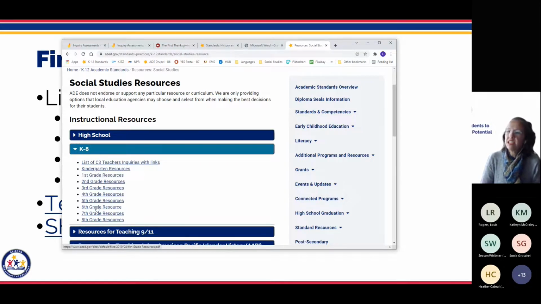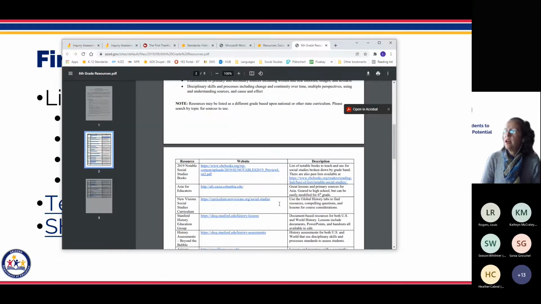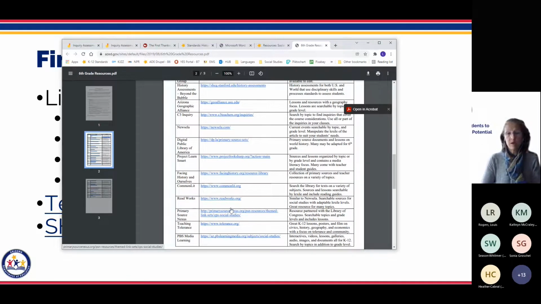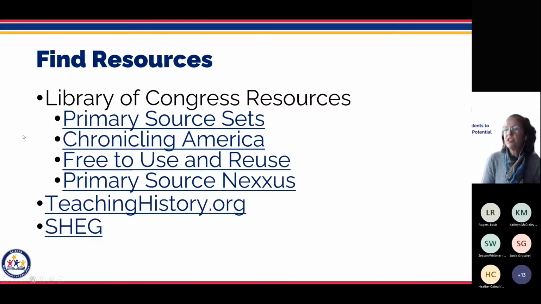So if we look at sixth grade again, here are your course considerations, and then we've got a bunch of lists that have all sorts of places where you can go to find free resources, or pretty much always free. It is a little dated. Teaching Tolerance is now Learning for Justice, so this is a couple of years old, but there are great things out here. But today I'm just going to focus on things from the Library of Congress.